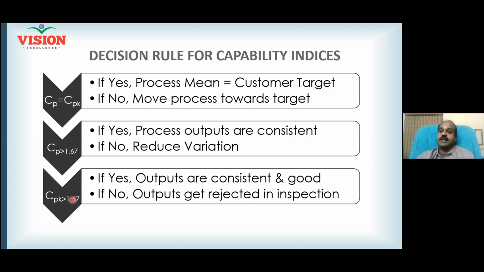Because your CPK cannot be more than CP. When I say CPK more than 1.67, CP should also be more than 1.67. All of you understand the requirement? For a critical process, CP and CPK should be more than 1.67. For a non-critical process, CP and CPK should be more than 1.33.